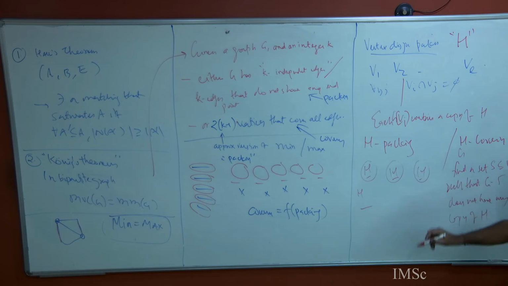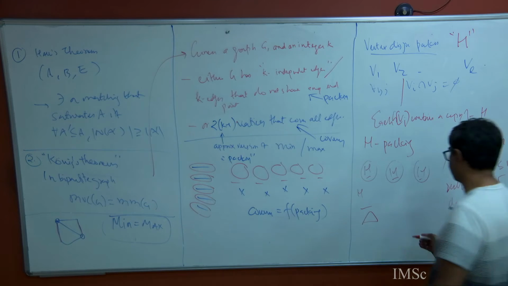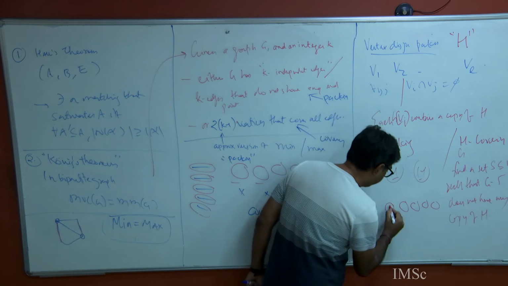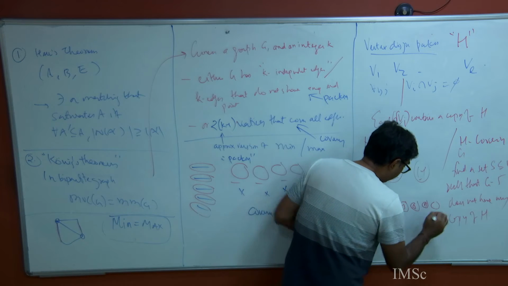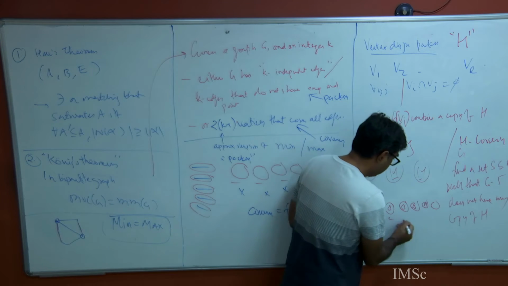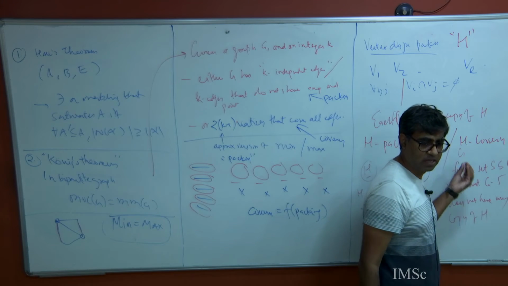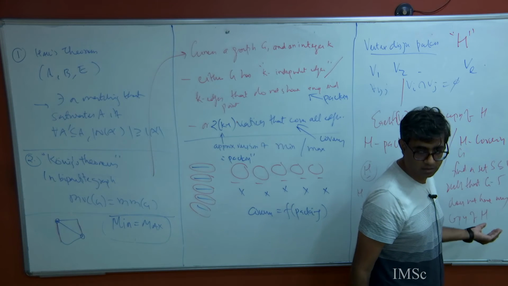So for example, if I put H equal to triangle, what is the meaning of this? In H packing, I will have to find vertex sets such that each of them contains a triangle, but they are pairwise vertex disjoint. And what is the covering problem? I want to find a minimum number of vertices so that if I delete them, the graph does not contain a triangle.